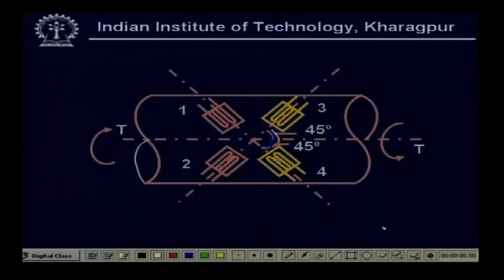right. Now, the installation of the gauge is very important, because if it is not in the helix, we cannot actually write the equations of the output voltage for the torque cell.